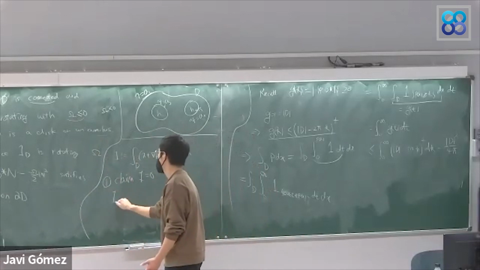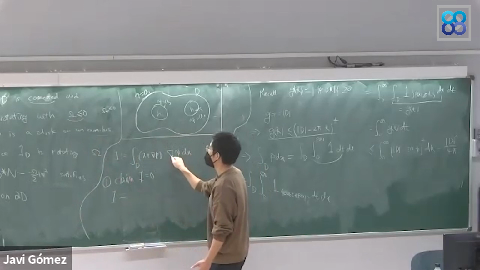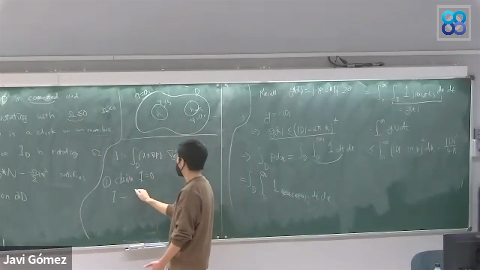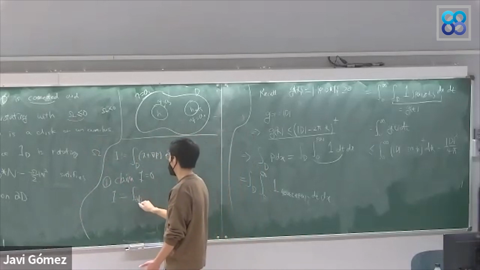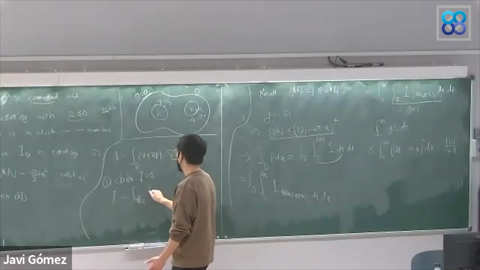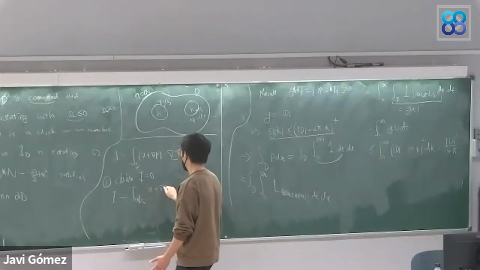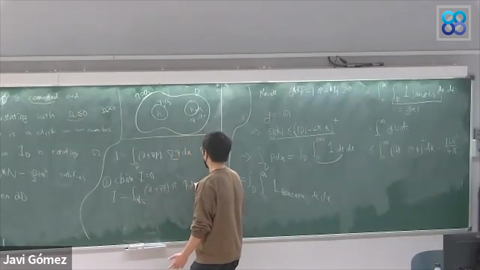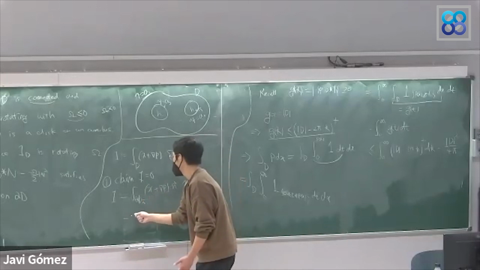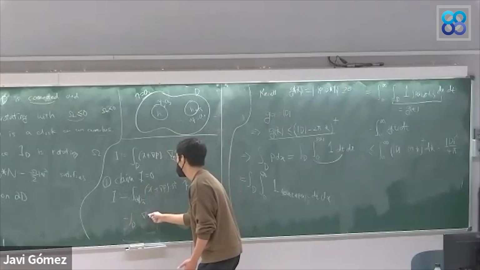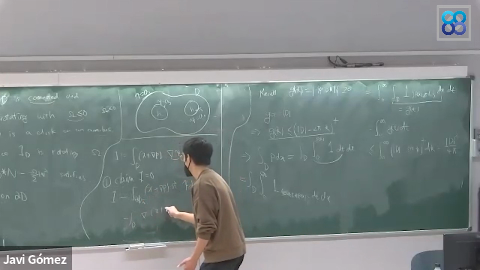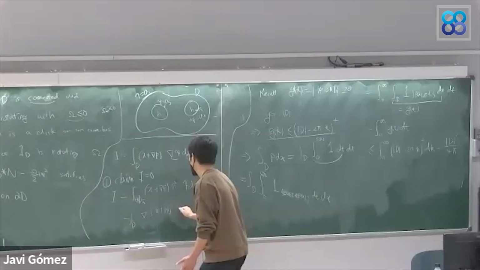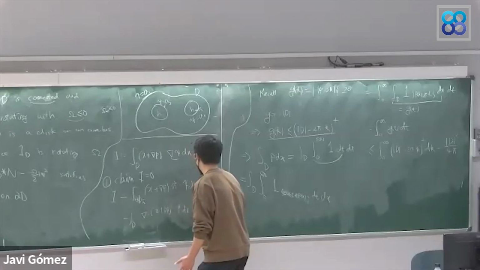So I is going to be, let's move this gradient to the left-hand side, the boundary integral of (x plus grad perp p) dot normal vector times psi, with psi equal to sigma, minus the integral of the divergence of (x plus grad perp p) times psi dx.